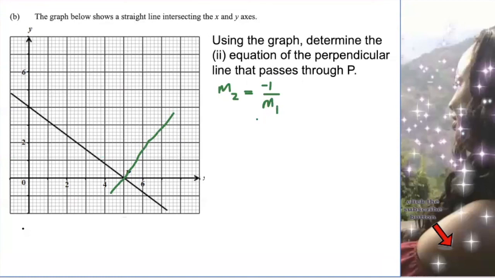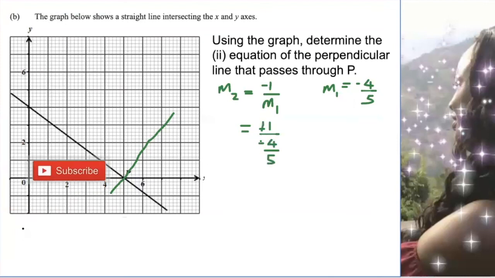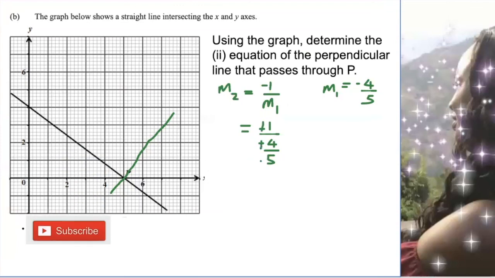That's how we find the gradient of the perpendicular line. Now, m1 is minus 4 over 5. So replacing here, I'll have minus 1 over minus 4 over 5. The first thing is a negative number, so we cancel the negative. Negative divided by negative is positive. So we have 1 over positive 4 over 5.